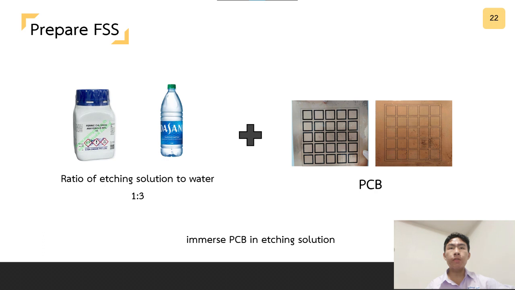4. Preparing the etching solution. Mix one part etching solution with 3 parts water in a container. Immerse the PCB in the etching solution until the copper part is fully etched away. Rinse the PCB with clean water and remove any ink residue using thinner.